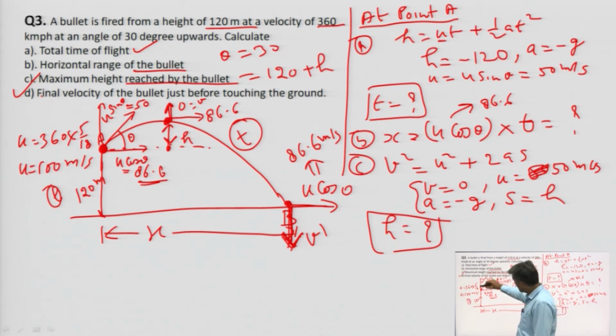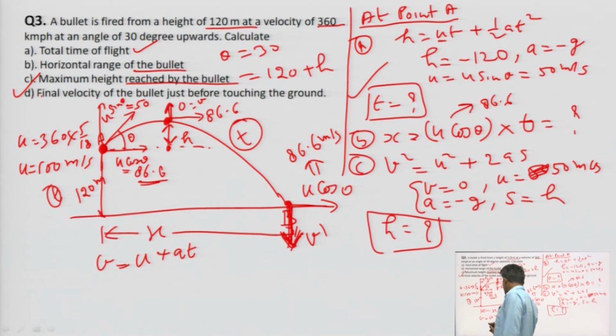Very simple. At point A, the vertical component of initial velocity is u sin theta, means 50, and the time taken is known to us. So, the final vertical velocity component can be calculated using v is equal to u plus at.